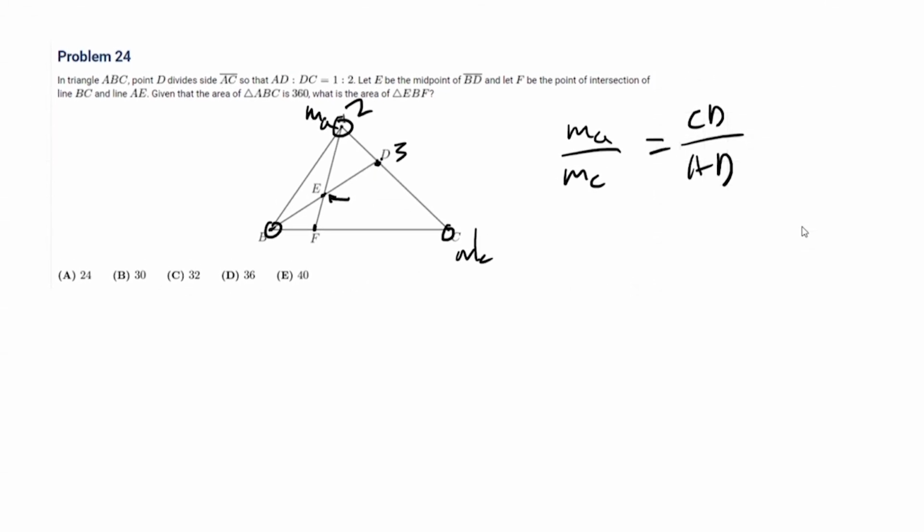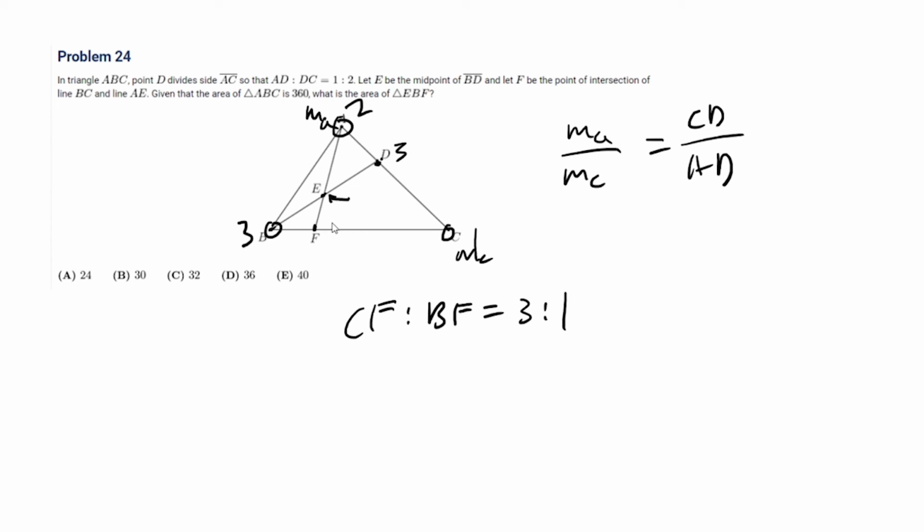Then we can place an equivalent mass of 3 at D, and these two are going to be balanced since this is still the center of mass. And by considering the equivalent mass of 3, the mass here also has to be 3. So then voila, we have 3 to 1 is equal to CF to BF by what we proved earlier. So CF to BF is equal to 3 to 1.